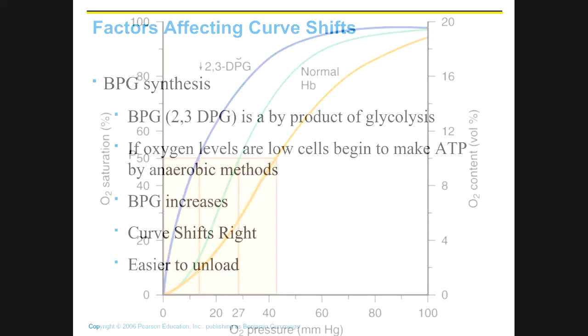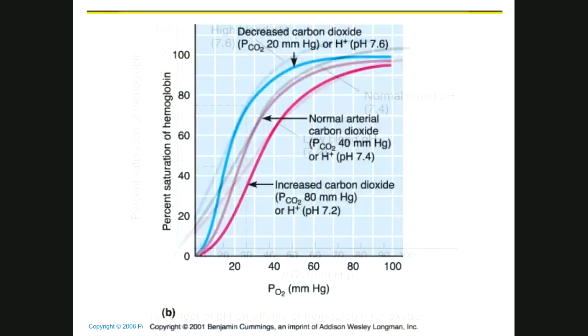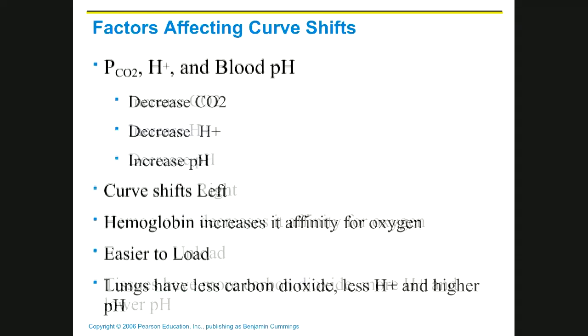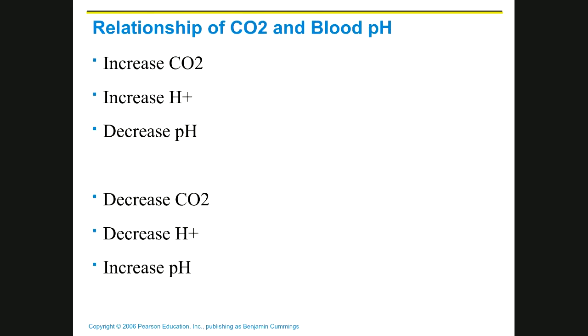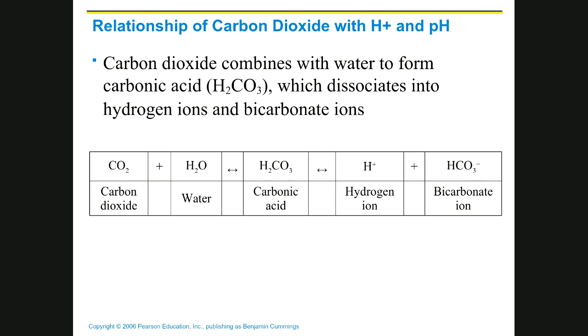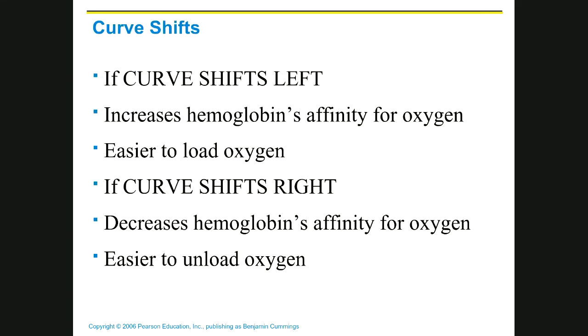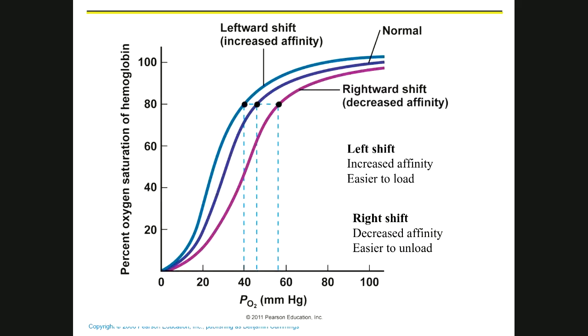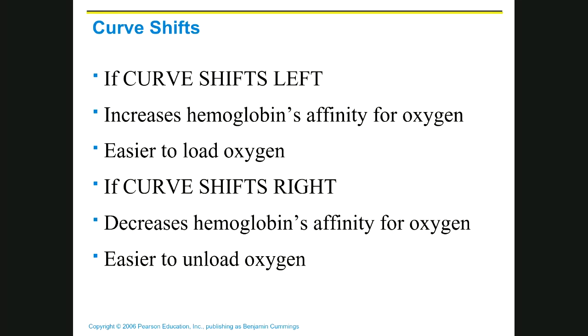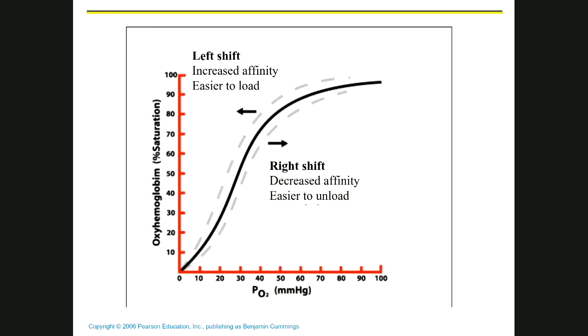But make sure that when you study this, you remember, first of all, what's going to make the curve shift. And these are the things that make the curve shift. And then what happens if you shift left? And what happens if you shift right?